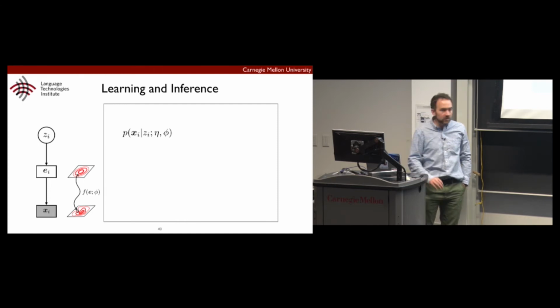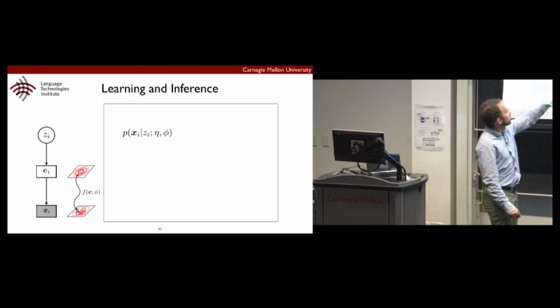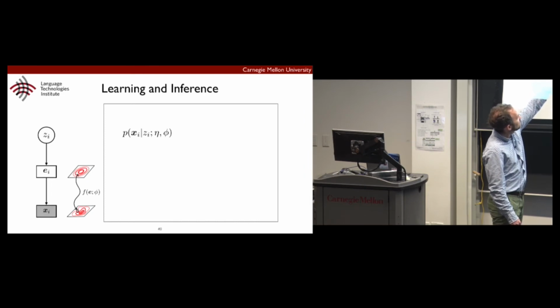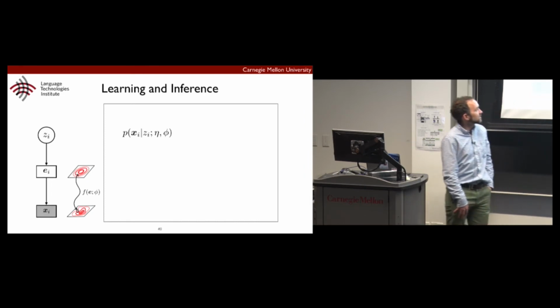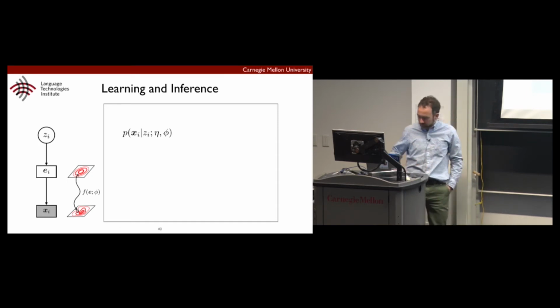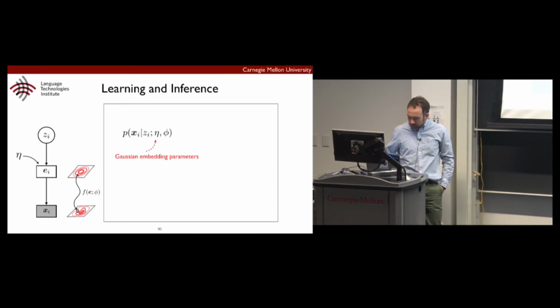What we want to do is calculate the probability of x given the latent variables and some parameters of the model. The parameters eta here are the Gaussian parameters that go from z to the latent embedding space.